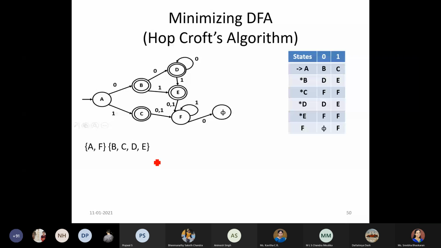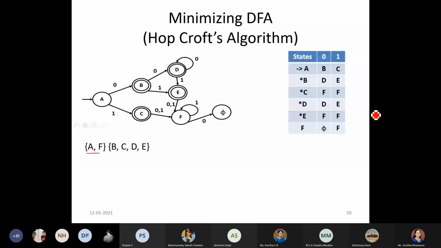Okay. Now, when we are going for the next iteration, pick any one group. If I pick A and F, we have to see in the transition table. With respect to 0, it is B and a null. With respect to 1, it is C and F. Now see whether all are in the same group.